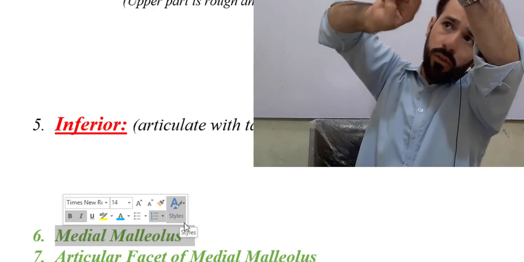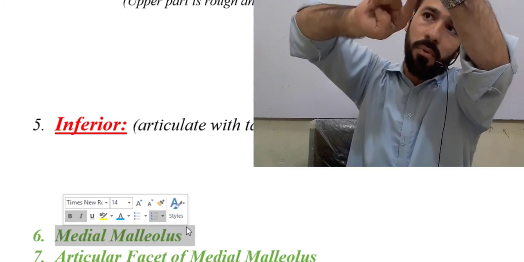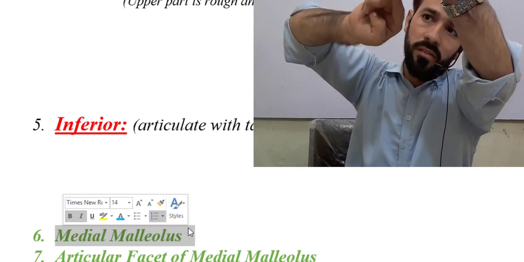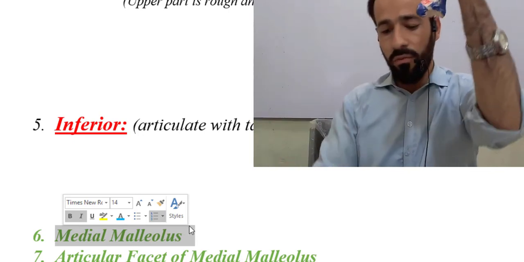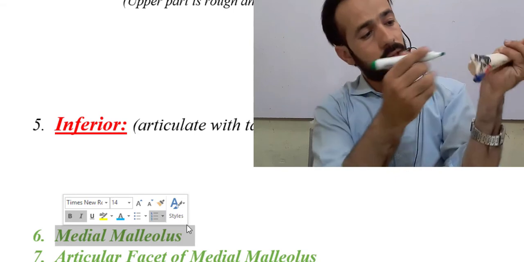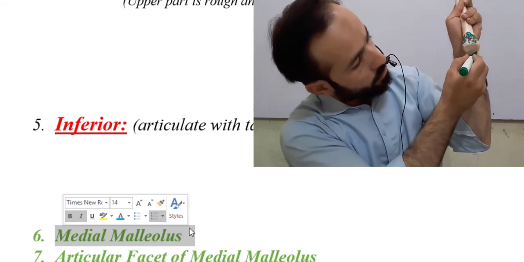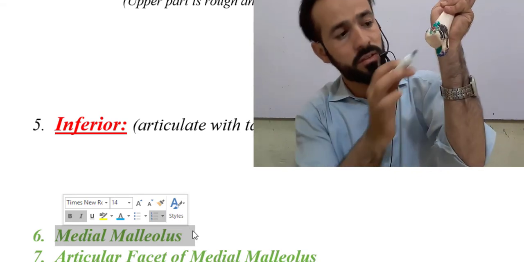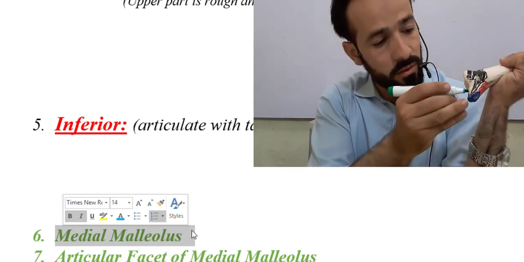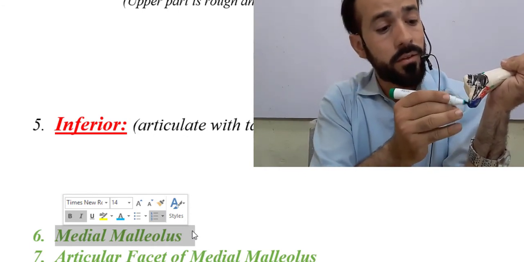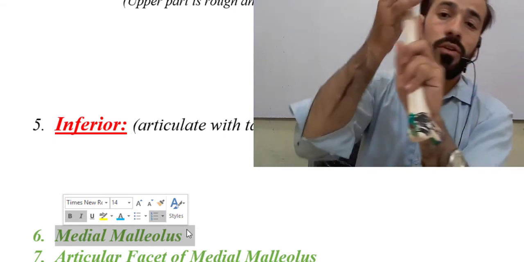And the medial malleolus in its lateral part, this is the articular facet, as I have shown there, the articular facet of the medial malleolus. It will articulate with the talus bone, and then it will make which joint? The ankle joint, right?